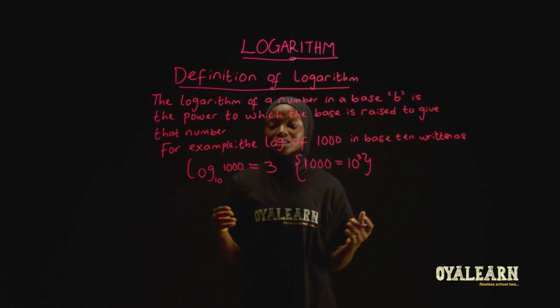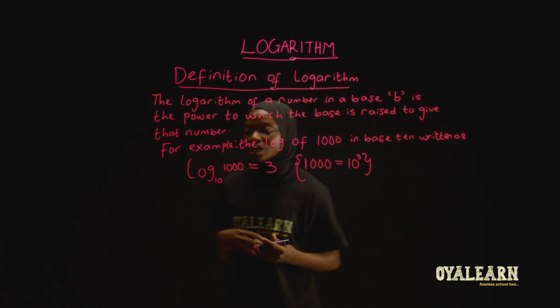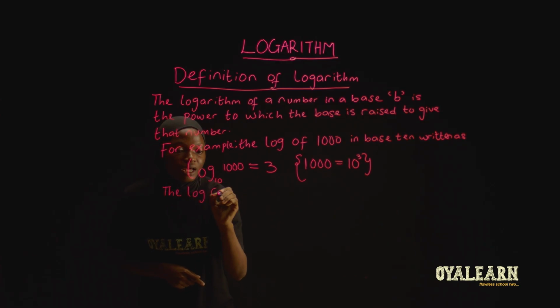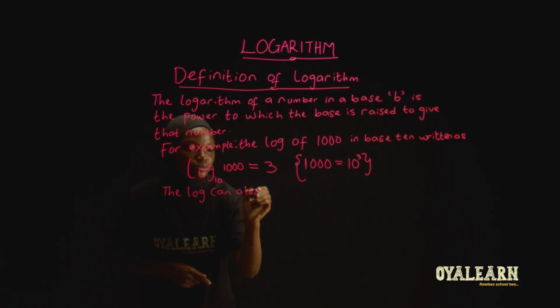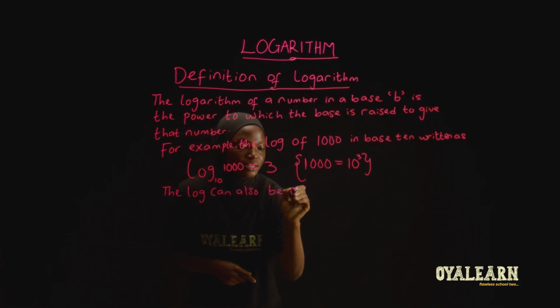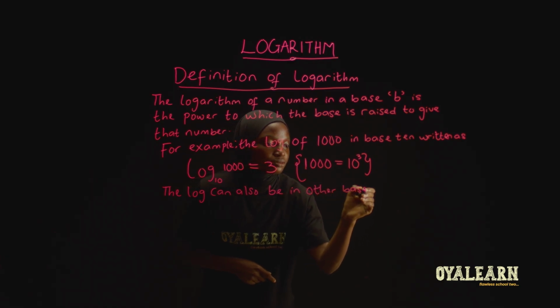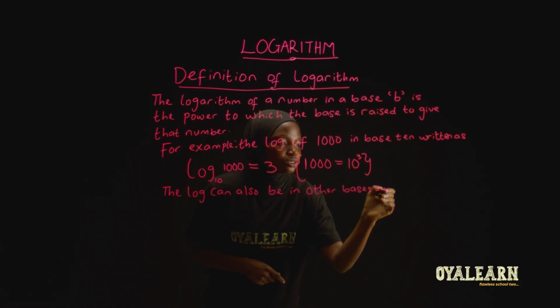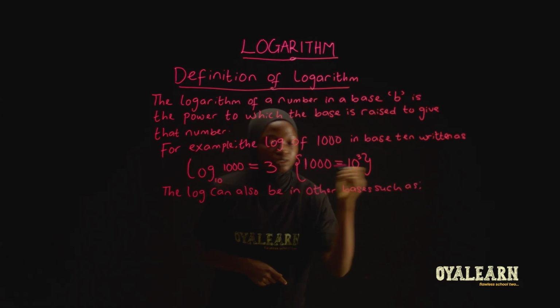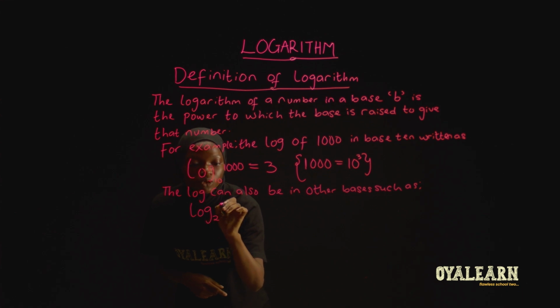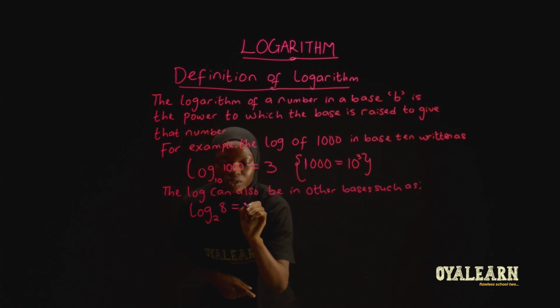But there are other bases. The logarithm can also be in other bases, such as, we can have the logarithm to base 2 of 8, and this is also going to give us 3.